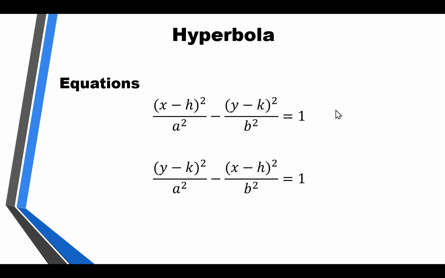So one equation is going to be x minus h squared over a squared minus y minus k squared over b squared is equal to 1. And the other equation is going to be the quantity y minus k squared over a squared minus the quantity x minus h squared over b squared equals 1.